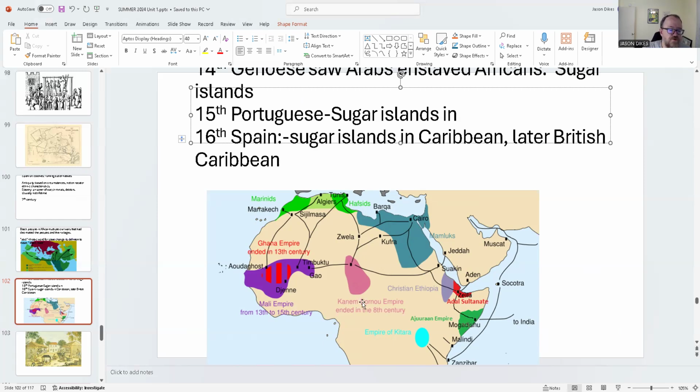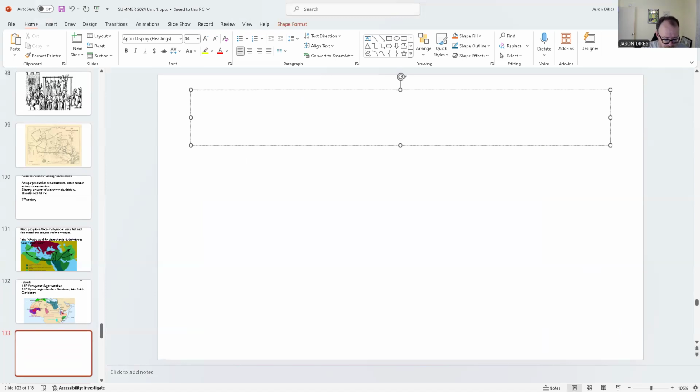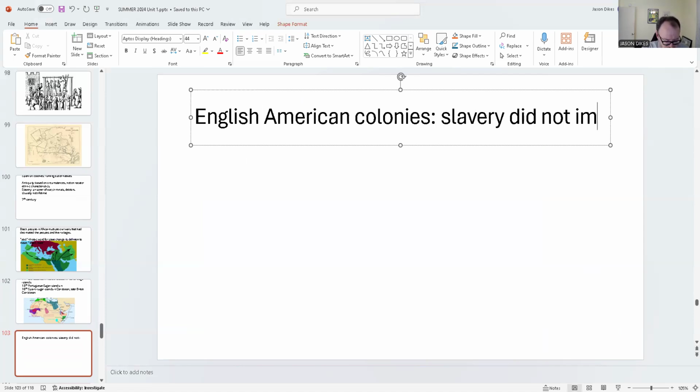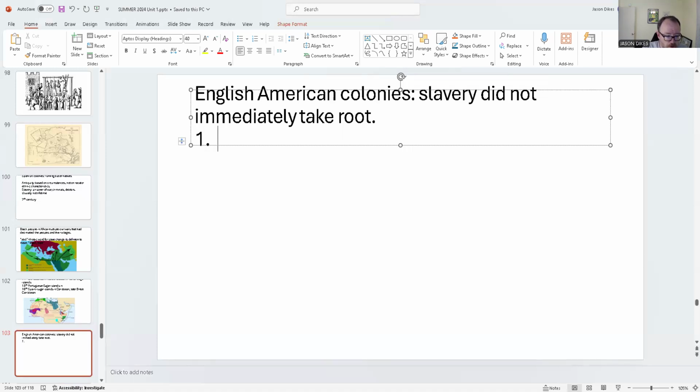Now, as to the main English colonies in America, slavery did not immediately take root, partly for reason number one.